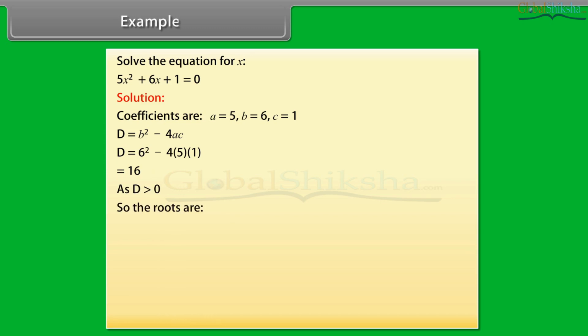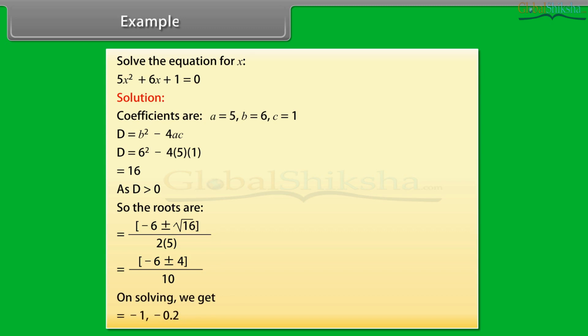So the roots are x is equal to minus 6 plus minus under root 16 by 2 into 5 is equal to minus 6 plus minus 4 by 10. On solving, we get x is equal to minus 1, minus 0.2.